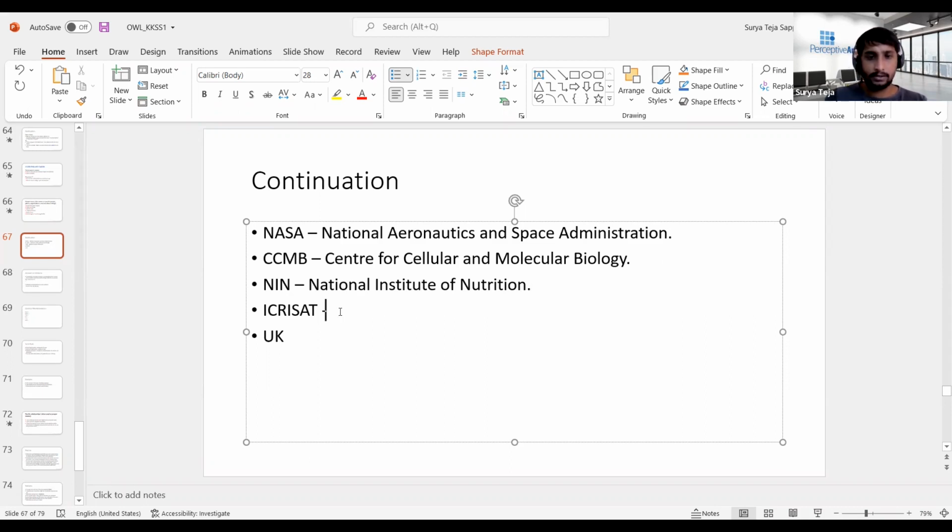Same goes with this one also, ICRISAT, which is International Crop Research Institute for Semi-Arid Tropics.